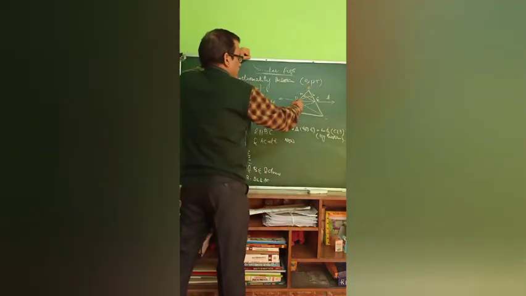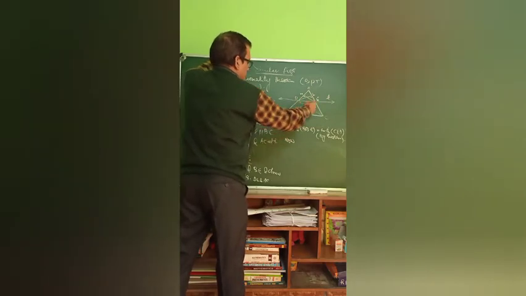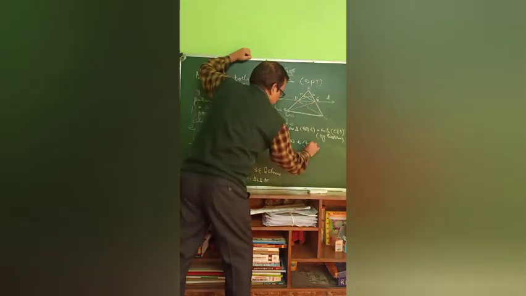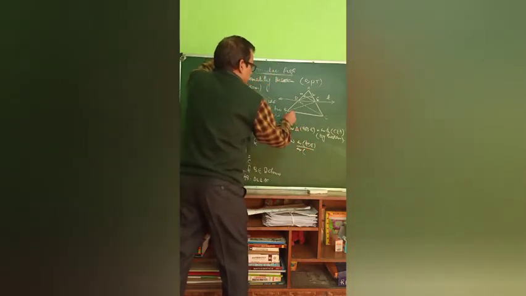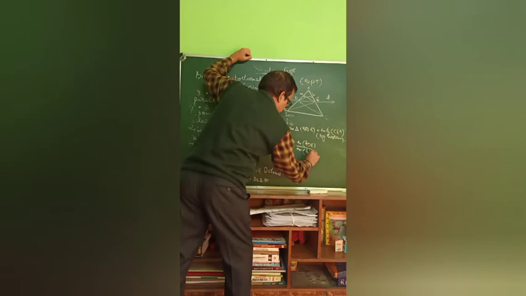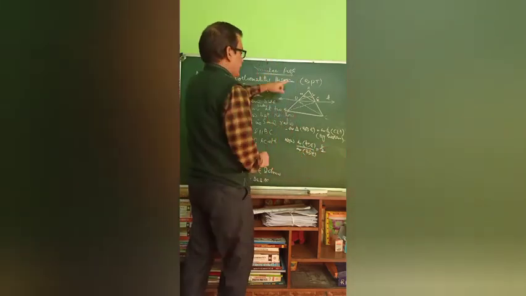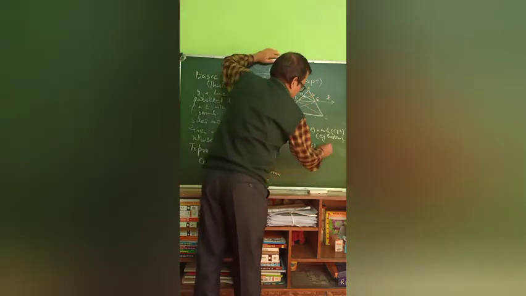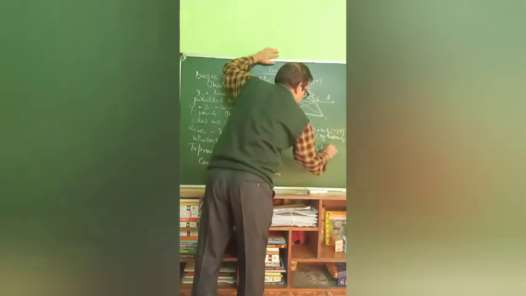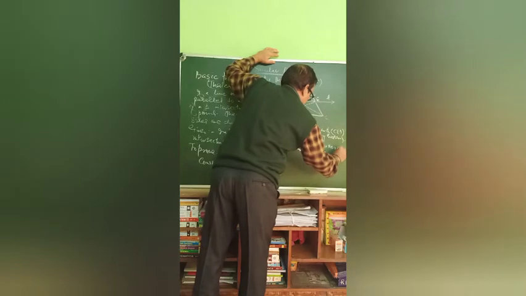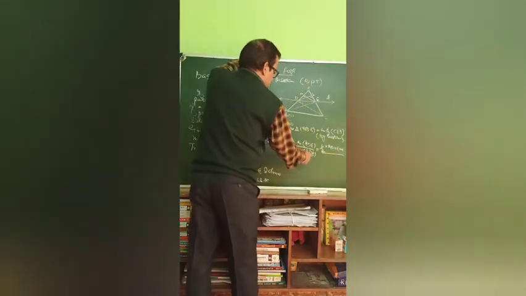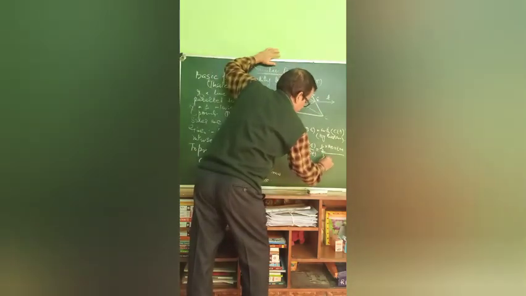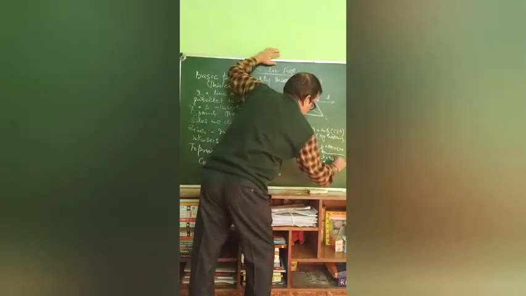Area of ADE upon area of BDE is equal to: the area of this triangle is half base, which is AD, altitude is EM, half AD into EM, upon area of BDE, where BD is the base, EM is the altitude, half BD into EM.